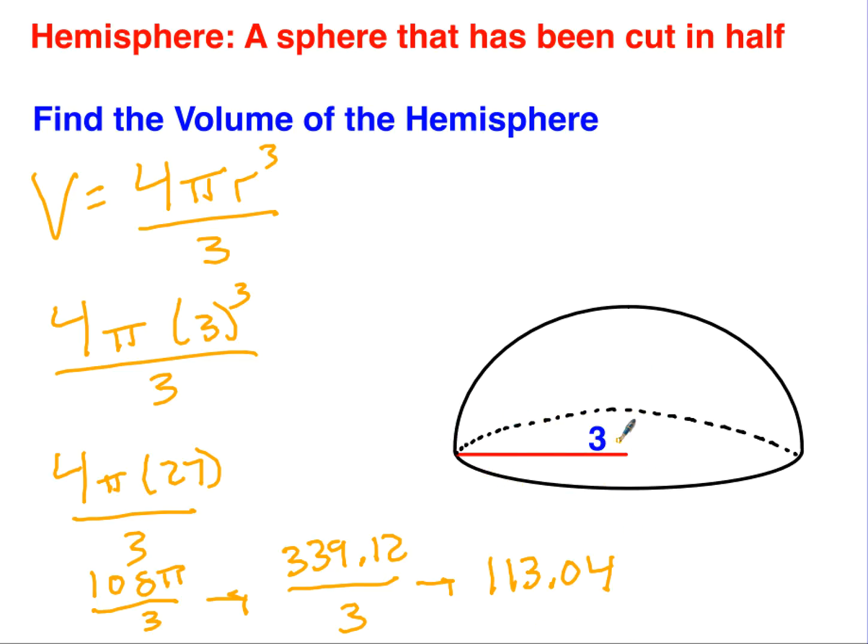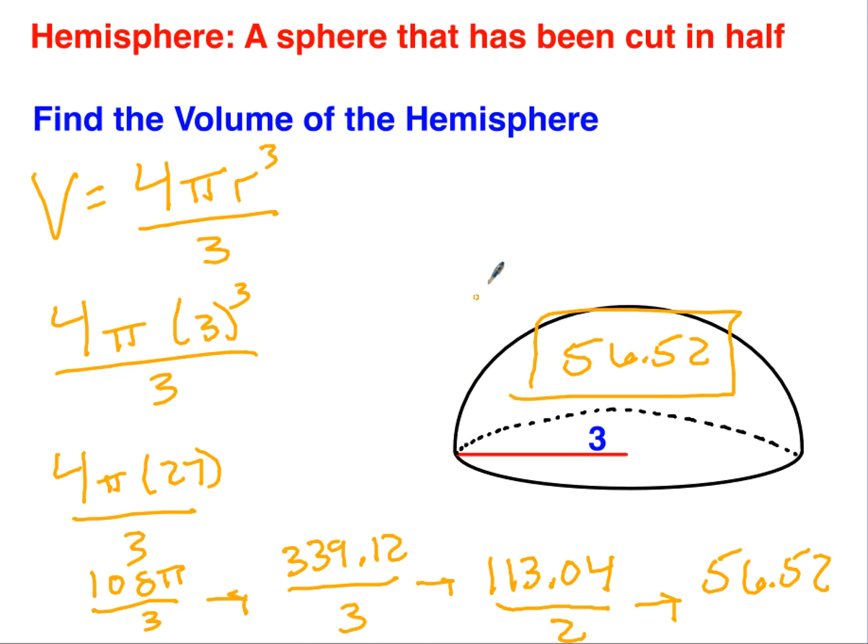This is not a whole sphere though, this is a hemisphere. So that means it's half of a sphere. This is the volume of the whole sphere. What I need to do is cut it in half by dividing by 2. And then I get 56.52. So the volume of this particular hemisphere is 56.52.